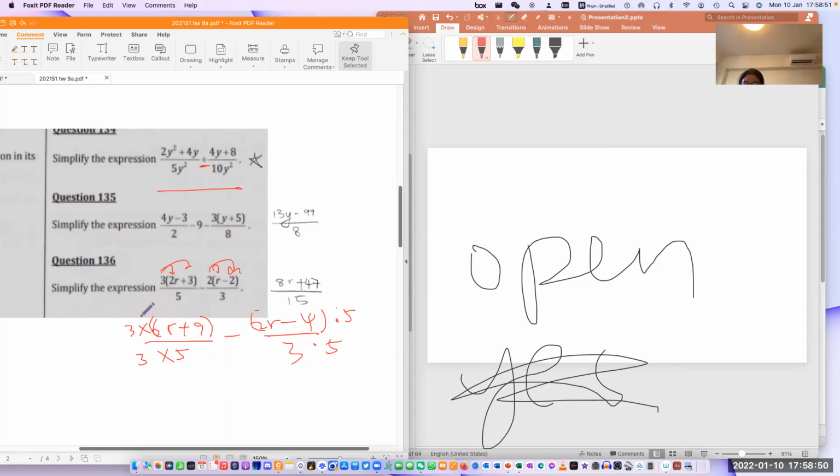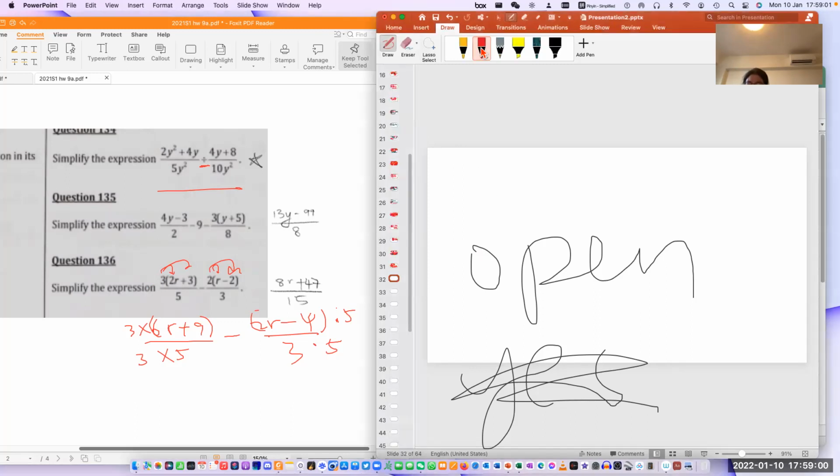So this is open and then make the denominator the same. Let me not open it first. So I don't open it first. I times first. I will let you decide which one is easier later.